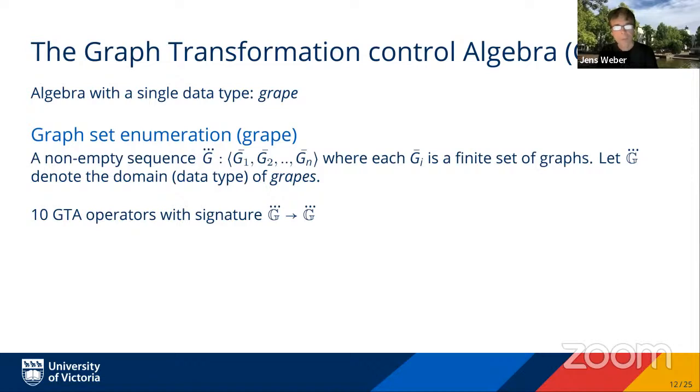It's a single sorted algebra that works on a data type called the grape, right? So again, I like to use that name very often. In this case, the grape stands for graph set enumeration, which is defined as a finite sequence of sets of graphs. And we have 10 GTA operators with that signature mapping grapes to grapes.